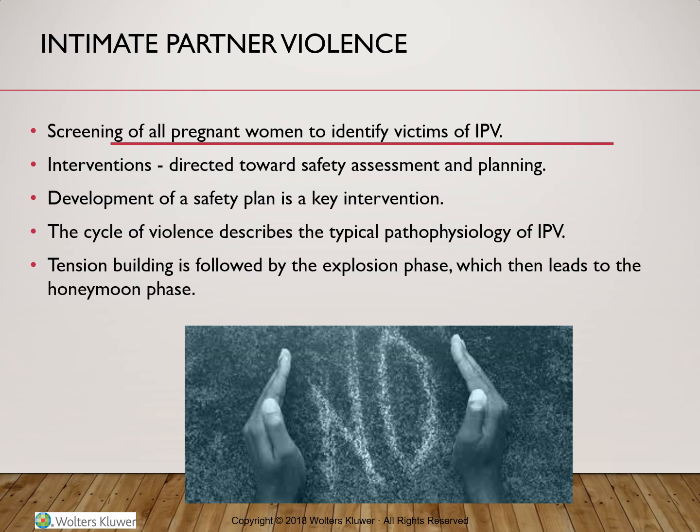In most cases, the baby will be low birth weight at birth. So in terms of clinical manifestation, there is a sequence of 3 identifiable phases in the cycle of violence: a tension building phase, an explosion phase, followed by the absence of tension, or the honeymoon.